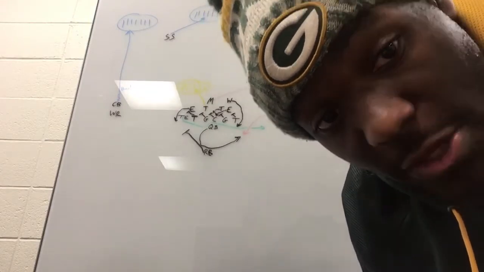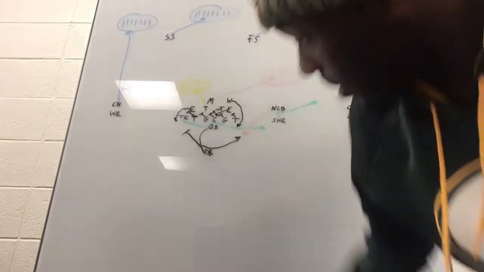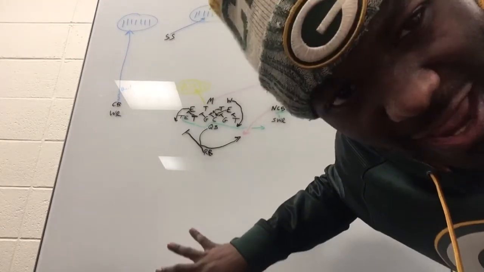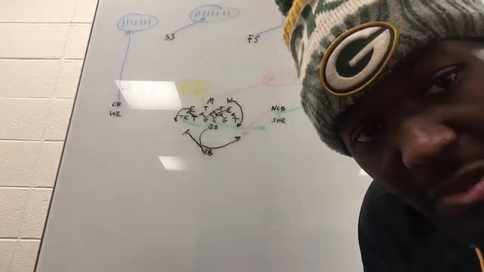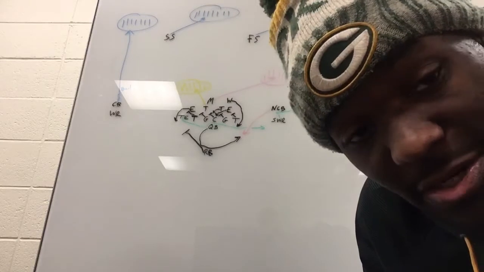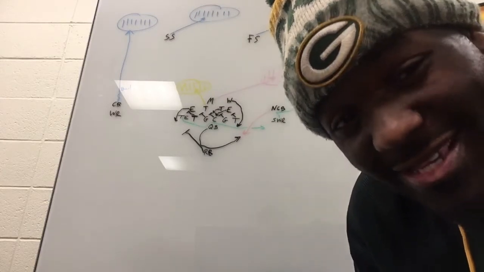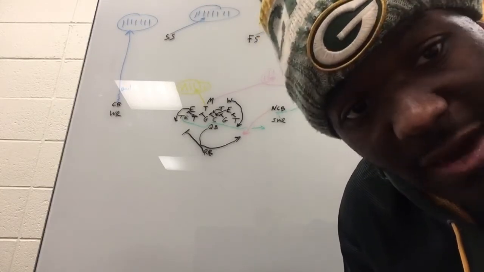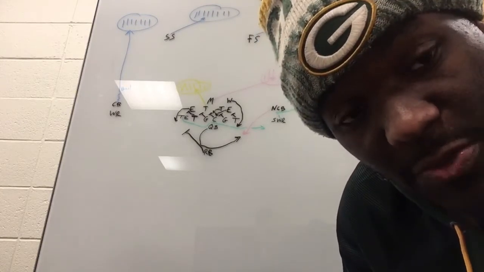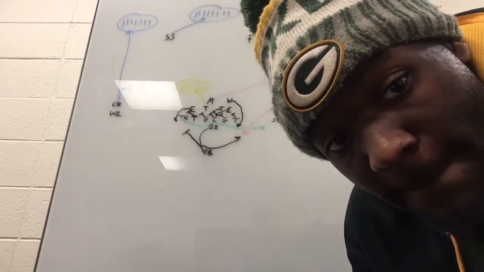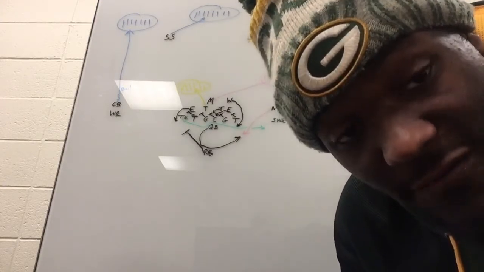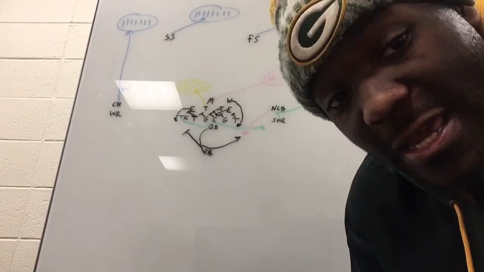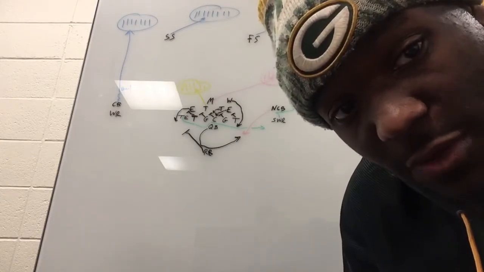So that alone, with that immediate pressure they'll have, plus the quarterback doesn't really have anybody to block for him, since this formation that I provided is single back. There's no one really in the backfield to provide a block for him in this particular formation. So based off of that information and based off what I just wrote on the board, I say the defense has the advantage in this particular play.